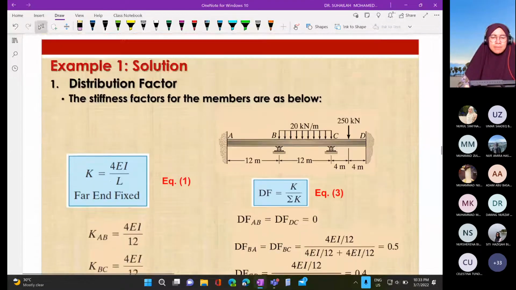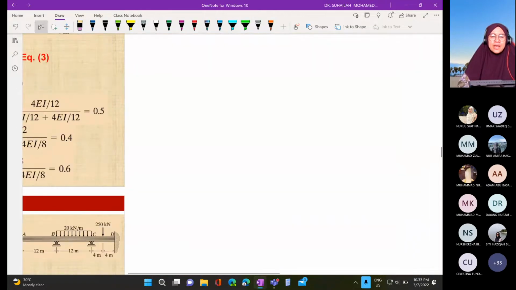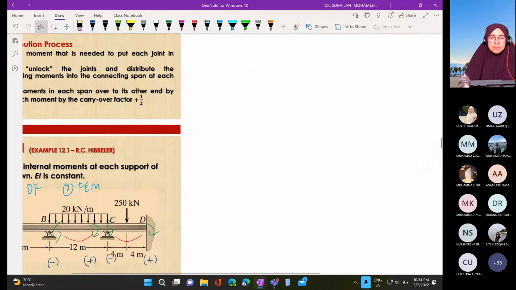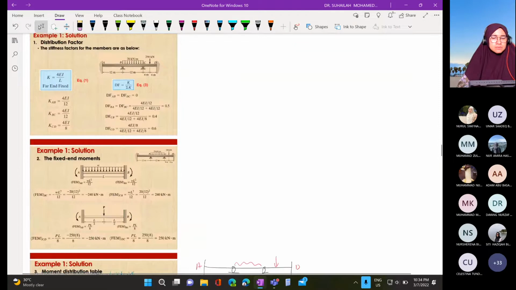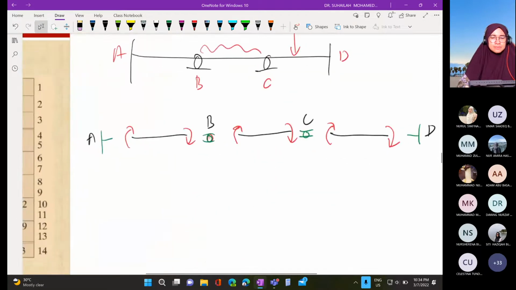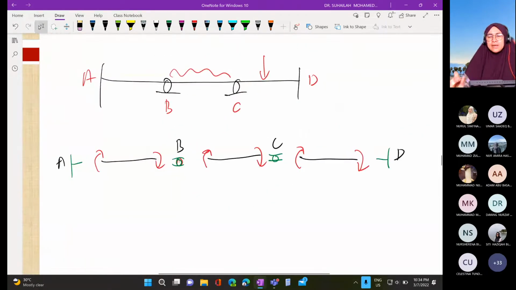So beside member end moment, we have, mana diagram tadi? Ni. Okay, beside member end moment, we have another moment, which is called as joint moment. And joint moment is always opposite with member end moment.